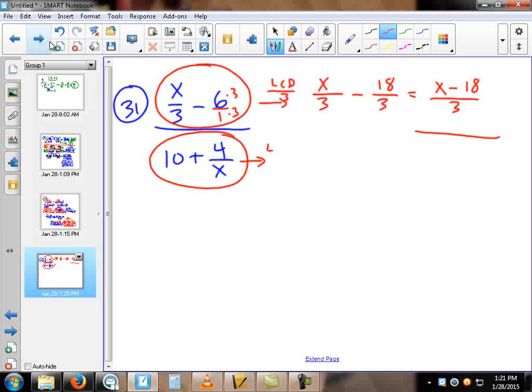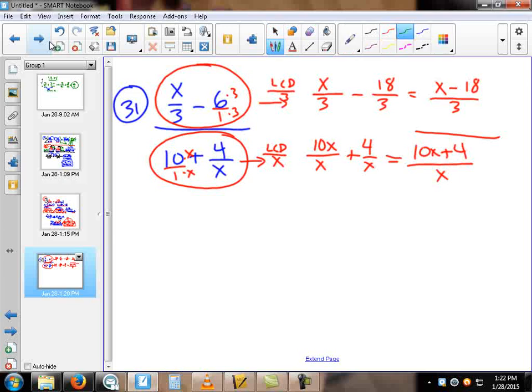For this one, the LCD would be x. It may seem a little strange to have x be a common denominator, but it is. If I multiply by x, I'll get 10x over x plus 4 over x, which is equal to 10x plus 4 all over x.